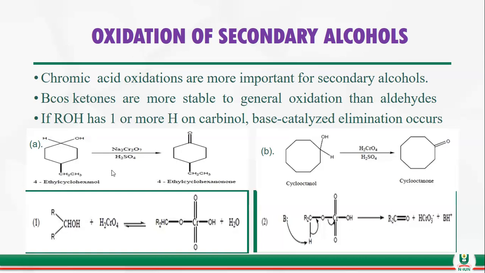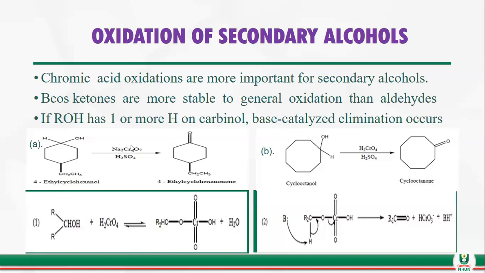So PCC will help you to convert primary alcohol to aldehyde and stop there. It will convert it for you and it will stop there. But secondary alcohol will be oxidized.